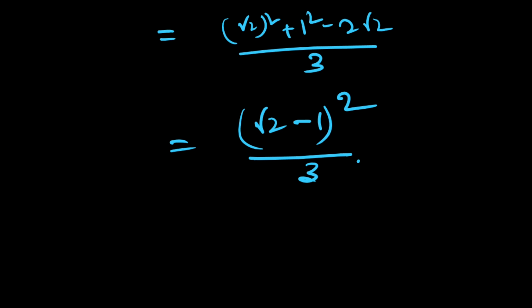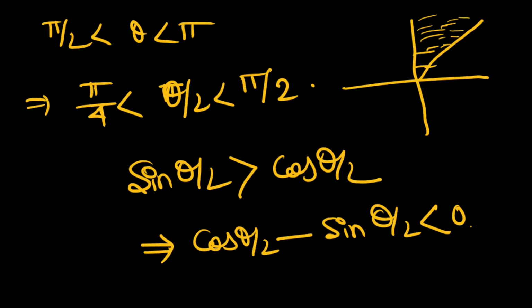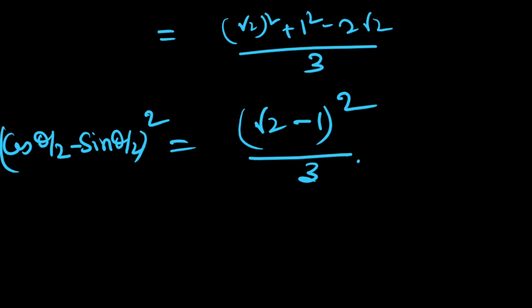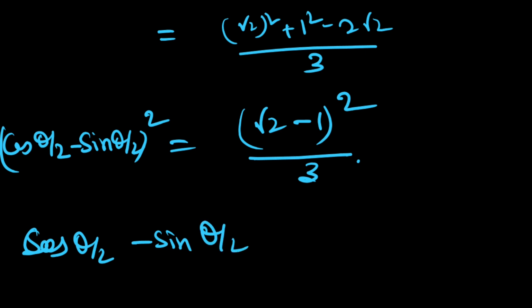That is the square of cos theta by 2 minus sin theta by 2. Previously we saw that this value is negative, so we choose the sign in such a way that the value is negative. Root 2 is 1.414, so we choose 1 minus root 2 over root 3.